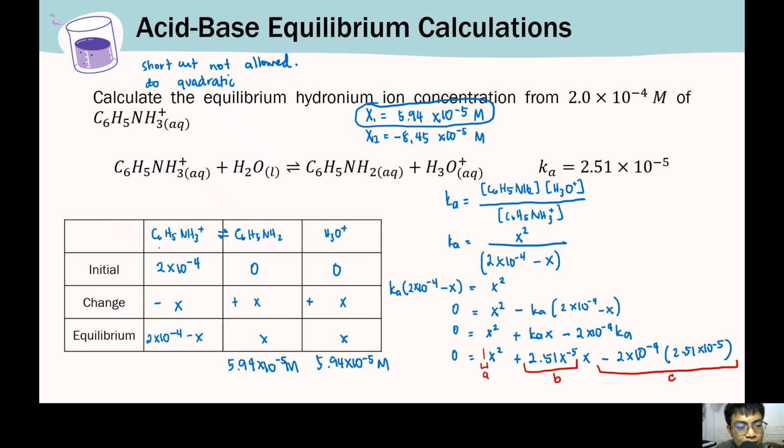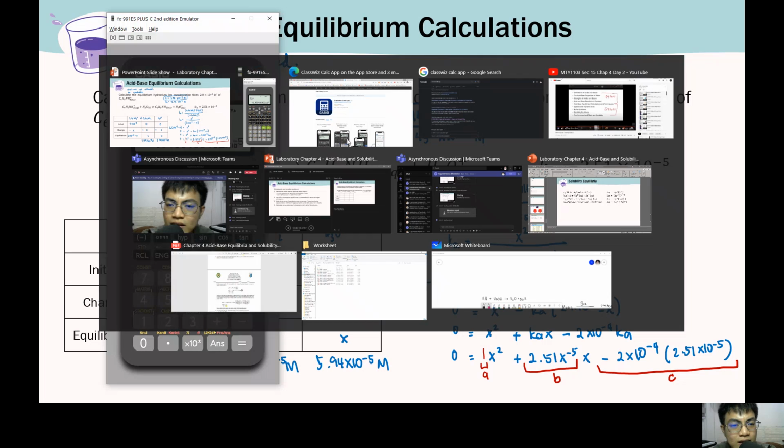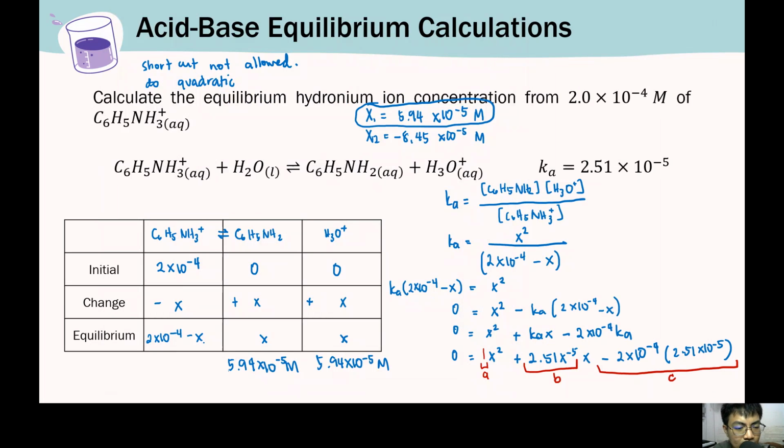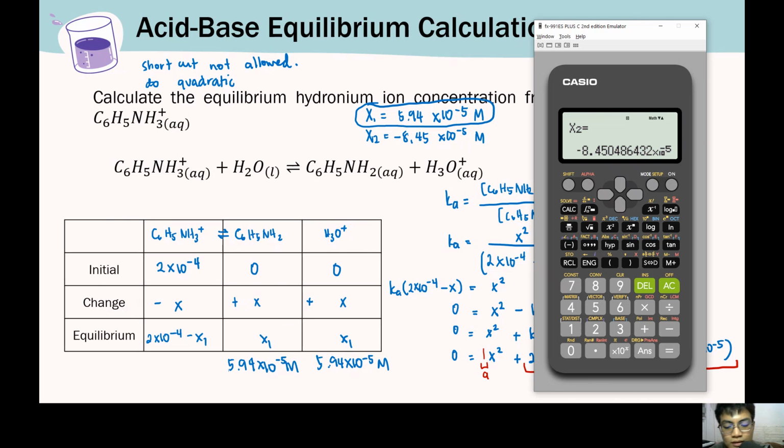And then for the equilibrium of the C6H5NH3 plus, I'll just deduct the X1 from its initial concentration. So this will be X1, X1, X1. Okay, so let me just clear this again. 2 times 10 raised to negative 4 minus X1, 5.94 times 10 raised to negative 5.